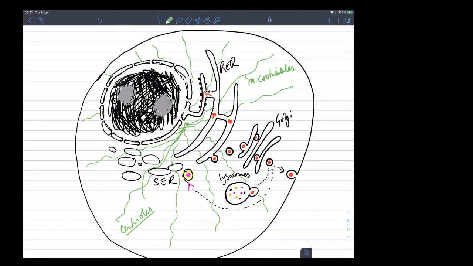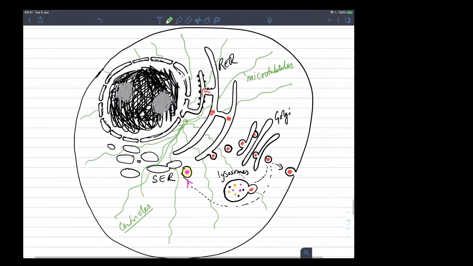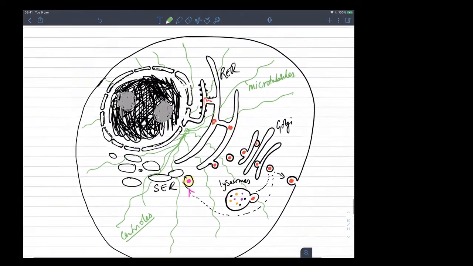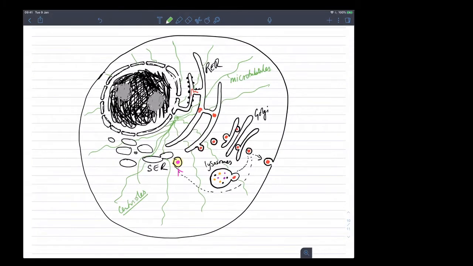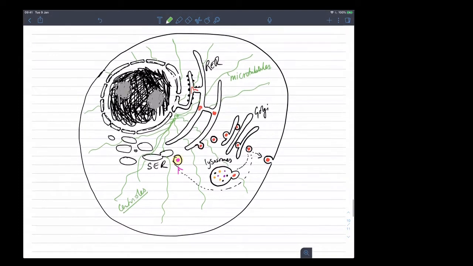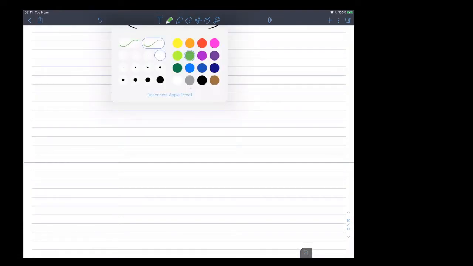we have flagella and cilia. Now, in an animal cell such as this, it's quite rare to see these structures, but they are possible. Okay, so what we might do is just move that off for a bit. Don't mislead anyone. Okay, so let's look at a flagellum.